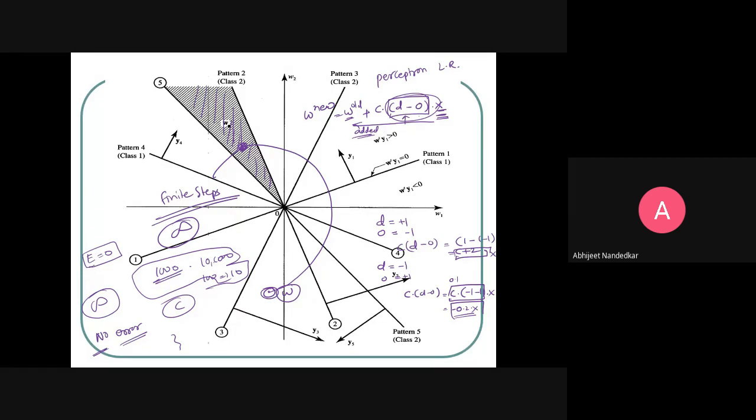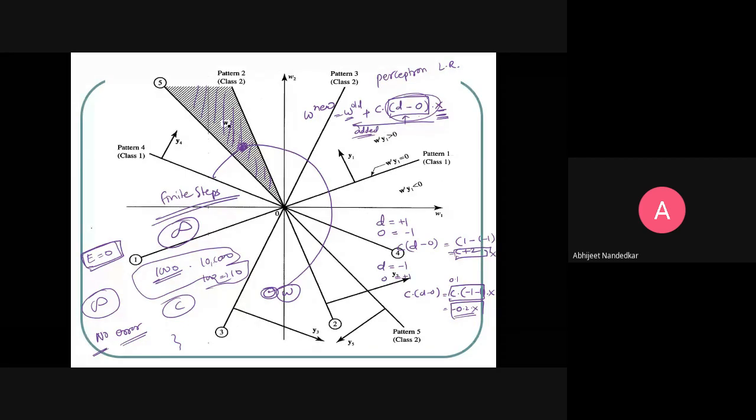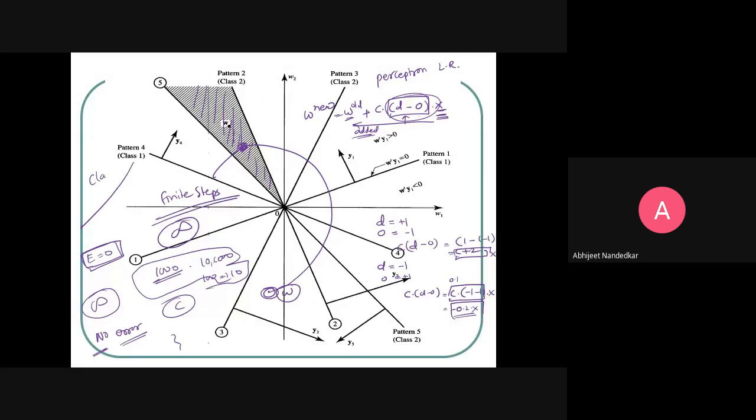Since practical data is not linear, this error equal to 0 condition may not arise. Okay, so error equal to 0 condition will arise in case of perceptron only if the data is linearly separable. So this is my line, and this becomes class 1 and this becomes class 2.